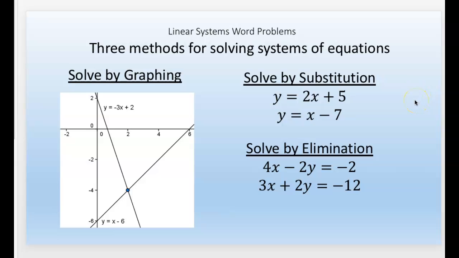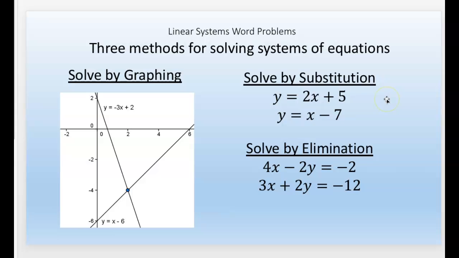If one of the equations is already solved for one of the variables in terms of the other, you can substitute into the other equation and then solve for the first variable and plug it into the other equation and get the other variable.